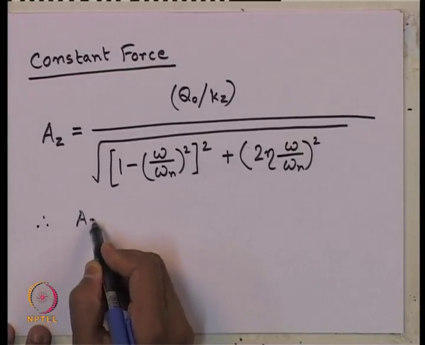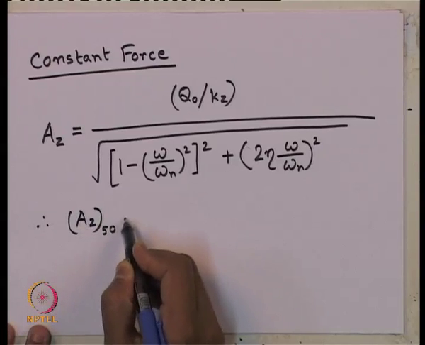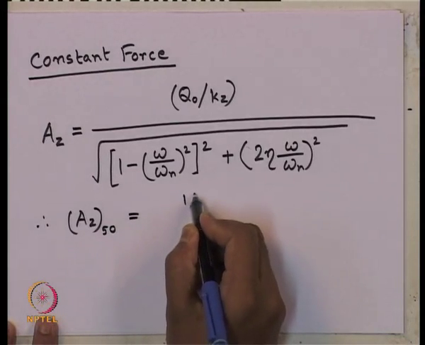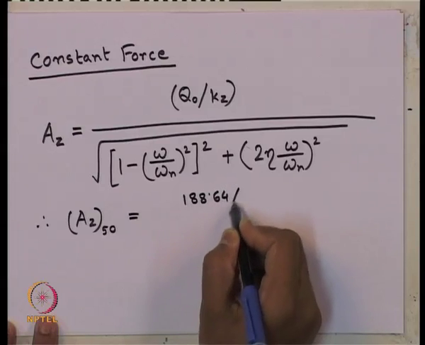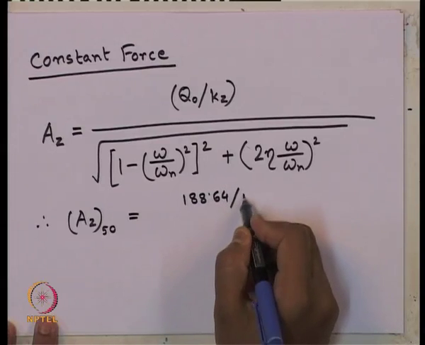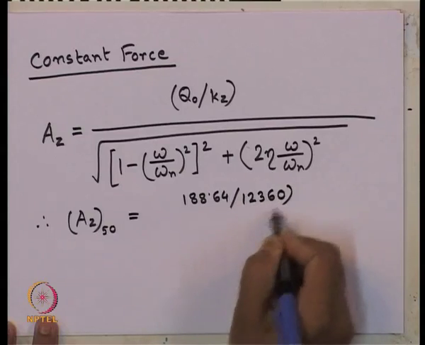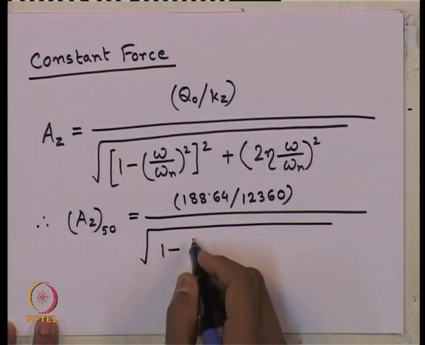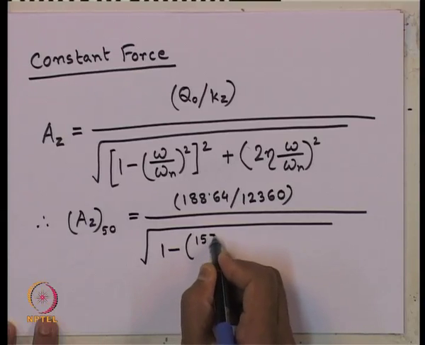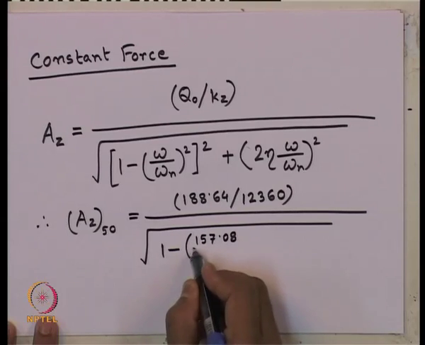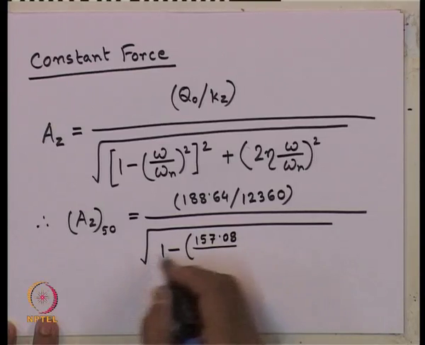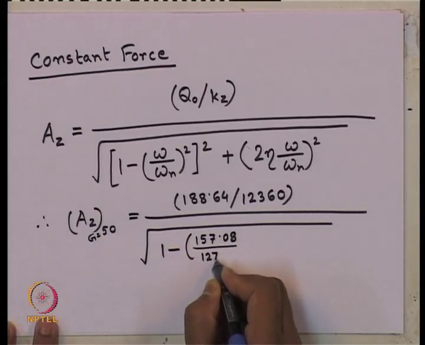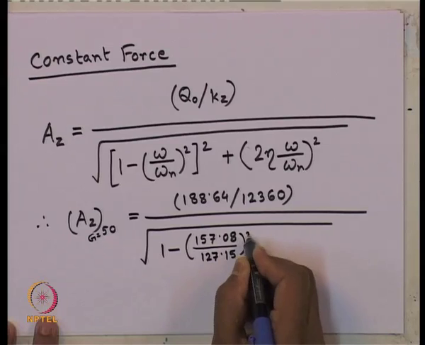Therefore, Az for G equals 50 should be: q is 188.64, Kz is 12360, and omega is 157.08, that is the operating frequency in CPS, and omega n for this soil condition of G equals 50 TSF is 127.15.